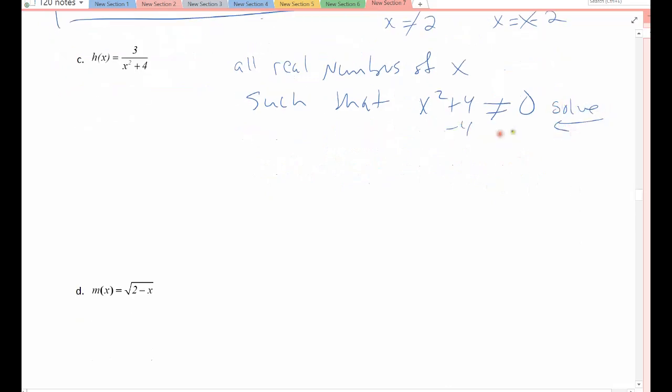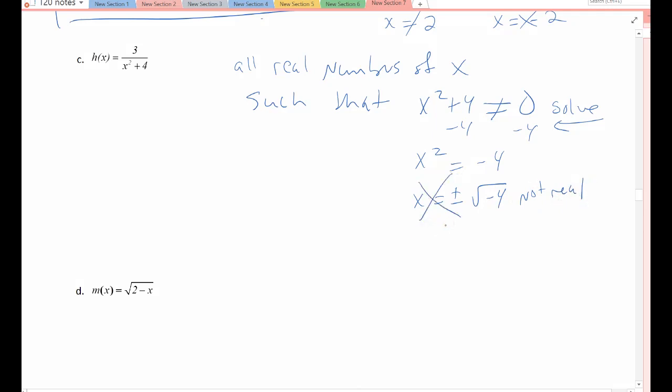And so I see if I can solve this. Well, I do the same thing. I move the 4 to the other side, so I subtract it. So x squared equals negative 4. Take the square root. But then when I get to this step, the square root of negative 4 is not real, which means that's not a solution.